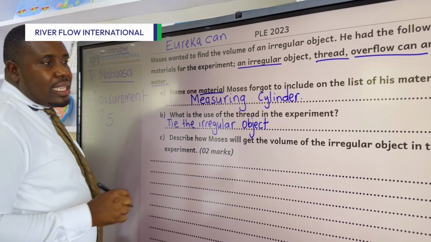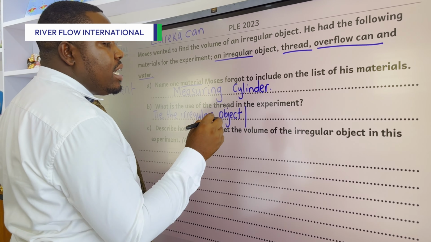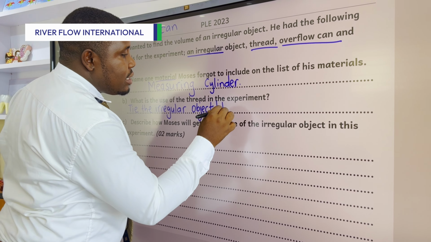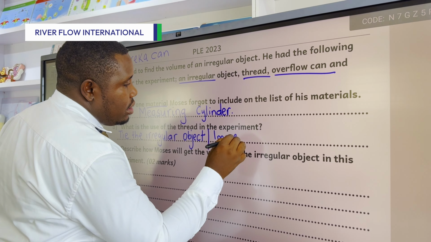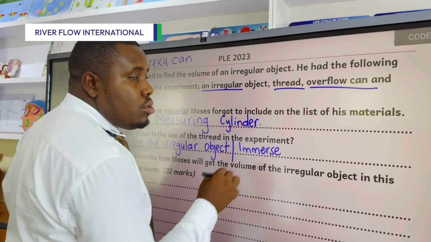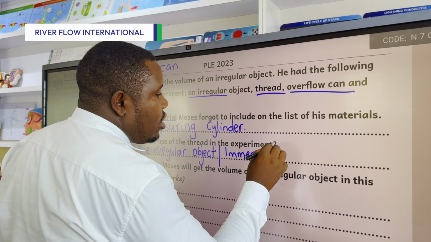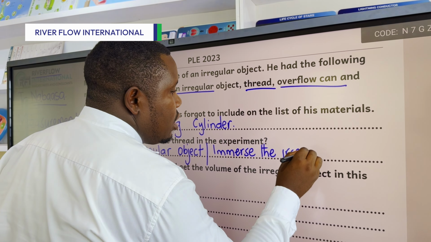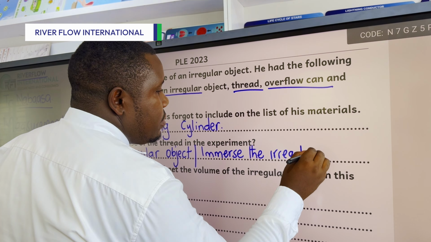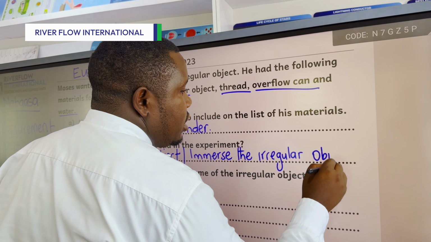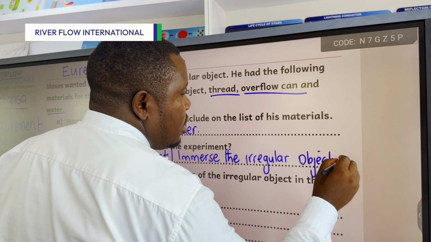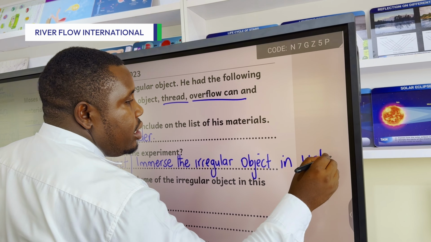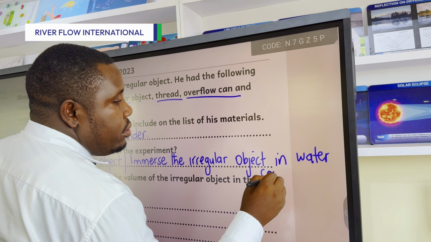We can say that, but we can also say that the thread is used to immerse the irregular object in water completely.